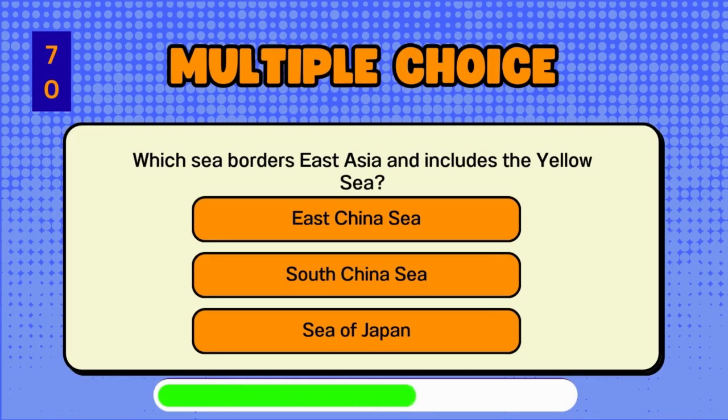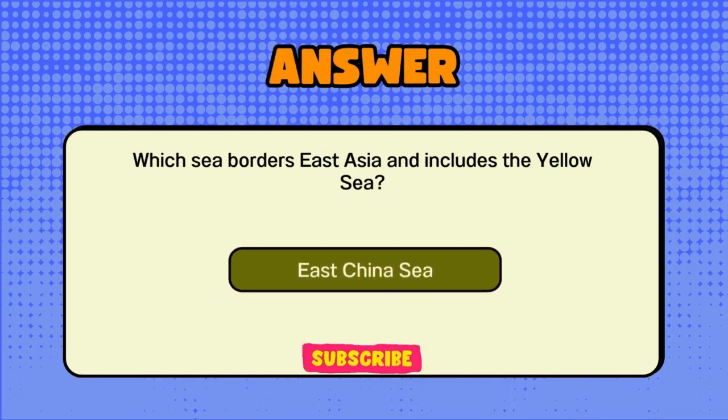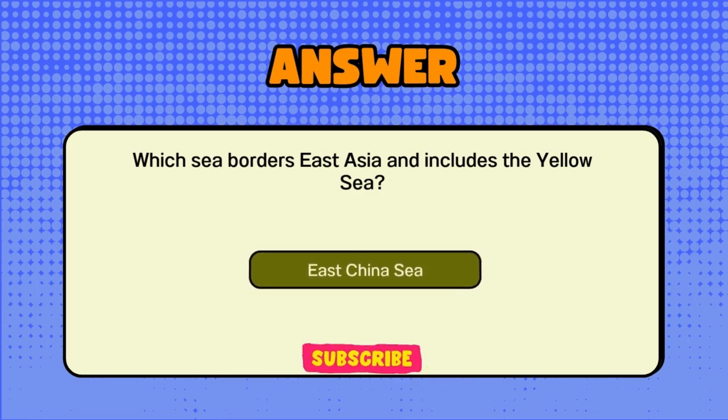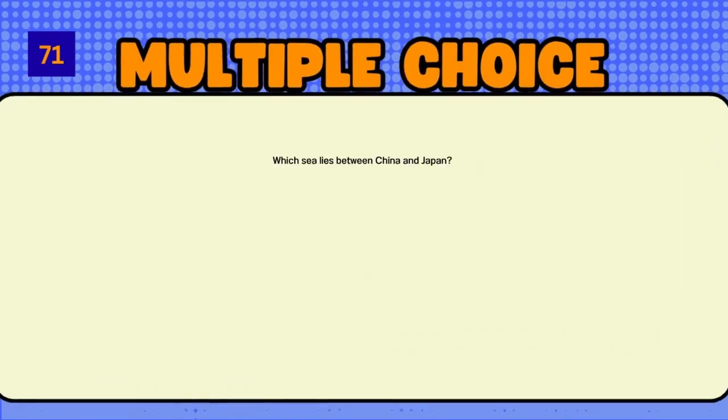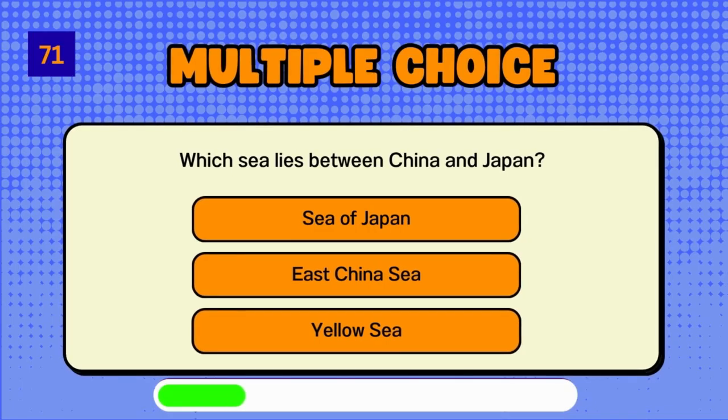Which sea borders East Asia and includes the Yellow Sea? Which sea lies between China and Japan?